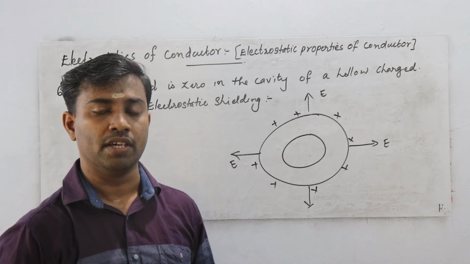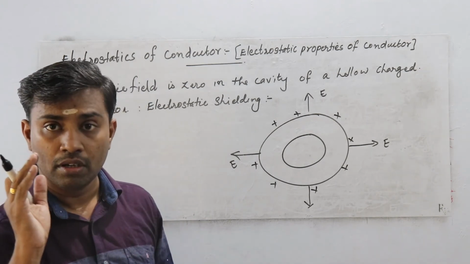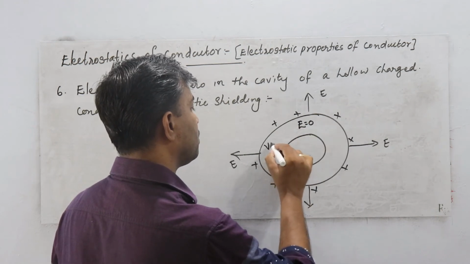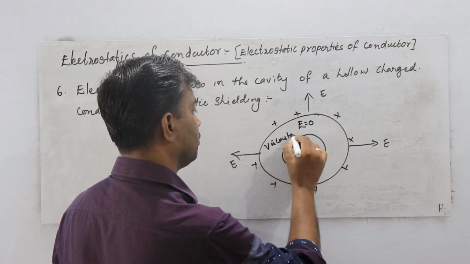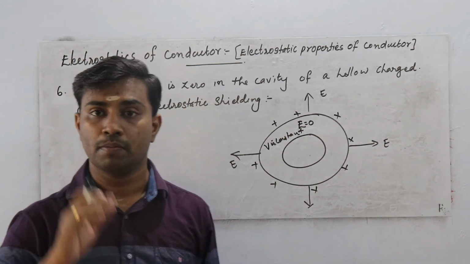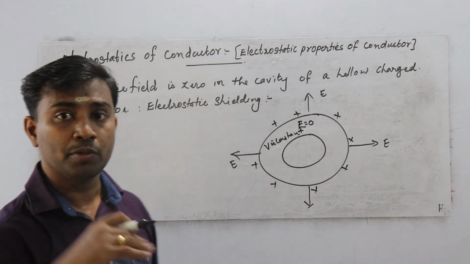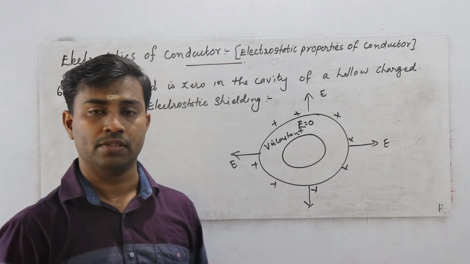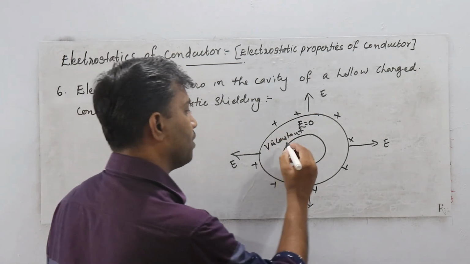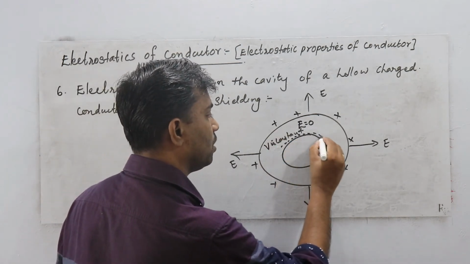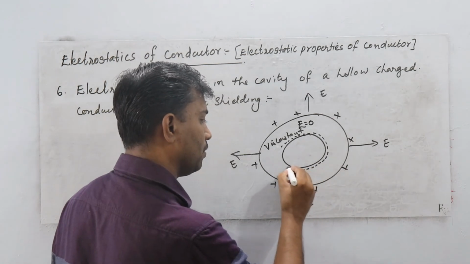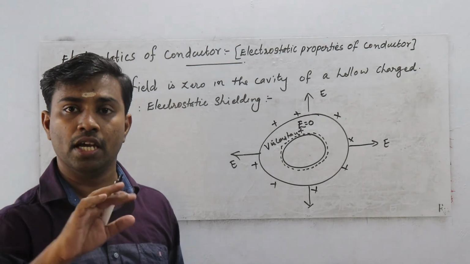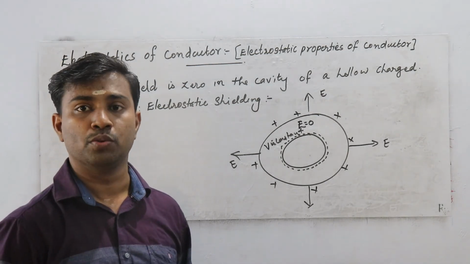For proving that, we know one thing: electric field inside the conductor E is equal to 0 and V is constant. So in order to prove, we consider a Gaussian surface very near to the cavity and take the flux through the Gaussian surface.